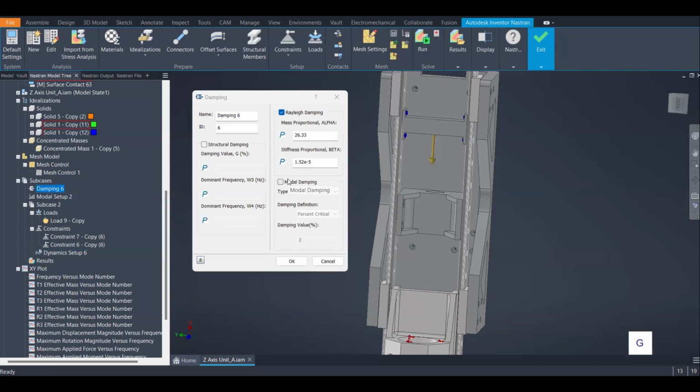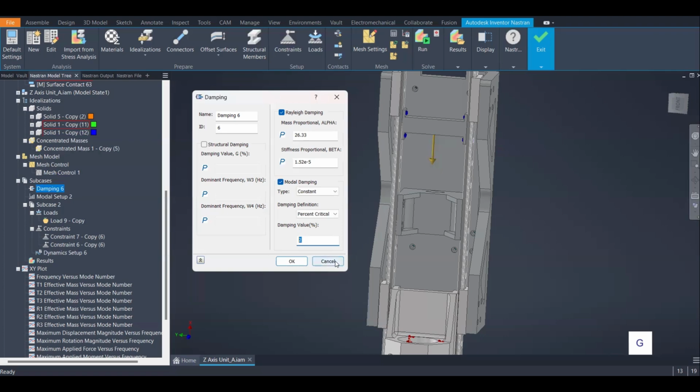You can define it by Rayleigh damping theory, where you need to find the alpha and the beta, or you can use the modal damping that just requires the percentage of the critical. That value can be no more than 5 percent, let's say, in most of the cases.